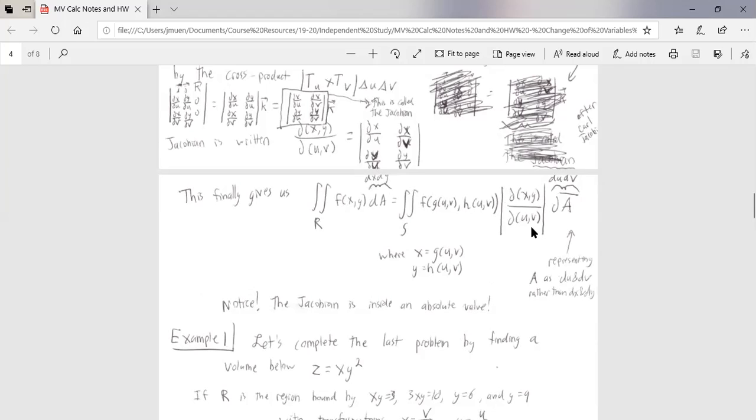All we need to do is multiply by the absolute value. Notice that this is an absolute value; this isn't me mistakenly writing the determinant a second time. The absolute value of the Jacobian needs to be multiplied in. And that will allow us to change from dA in terms of x and y to dA bar in terms of du and dv.